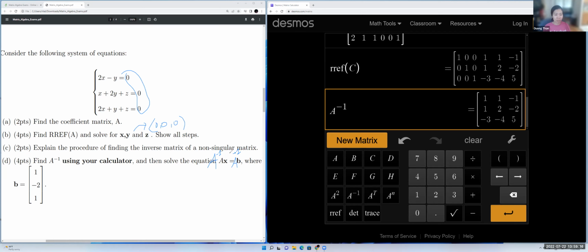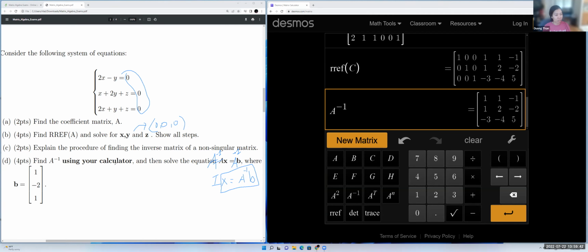Since A inverse times A equals the identity matrix, the left side simplifies to Ix equals A inverse B. I is an identity matrix, you can consider it as a 1, so you can ignore it, which means X equals A inverse times B should be your solution.